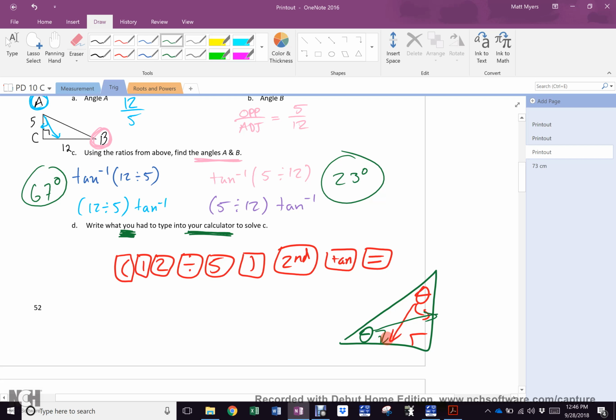What side of the triangle haven't we touched? We haven't touched that, have we? What buttons are near tan? Cos and sin. Cos and sin deal with this. Today, we are only dealing with the legs. All right?